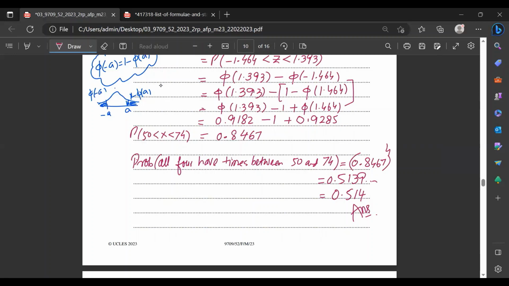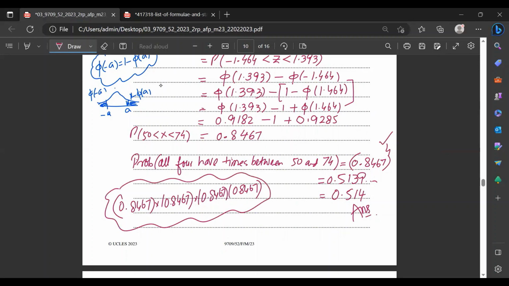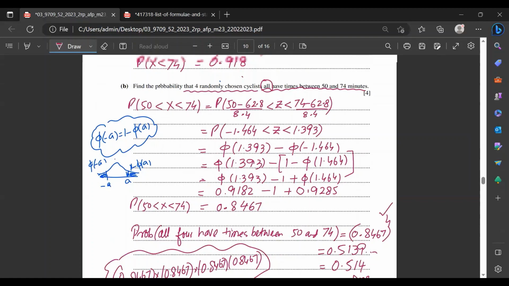So all 4 means the first of this category 0.8467, and the second of the same category 0.8467, and the third, and the last one. They are 4 cyclists, each 0.8467. So this is simply raised to the power 4, and so we have the answer to this part: all 4 have times between these values.